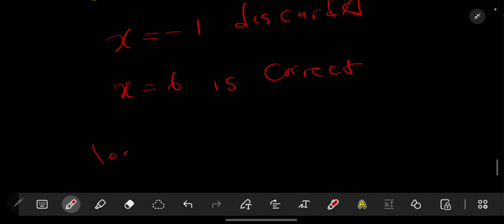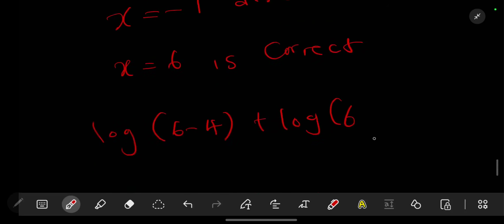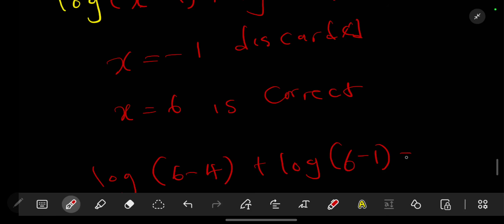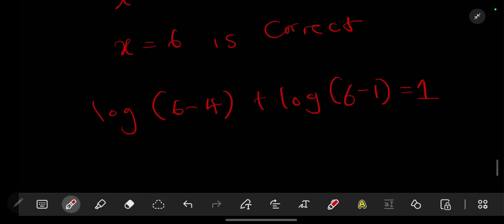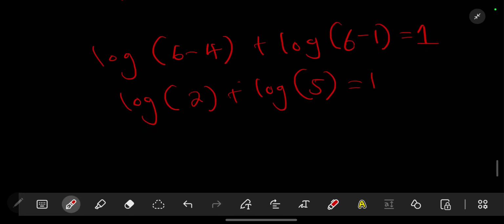You can even prove it. Log of 6 minus 4, plus the log of 6 minus 1 should be equal to 1. Now remember, the log of 6 minus 4 is 2, plus the log of 6 minus 1 is 5, should be equal to 1 like that.